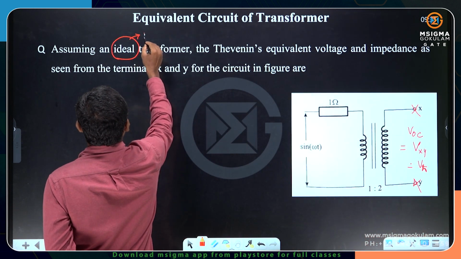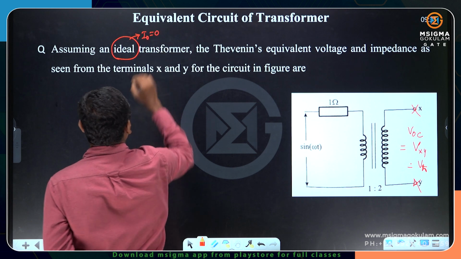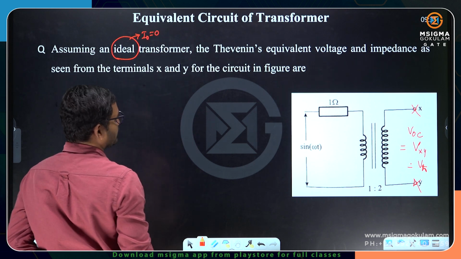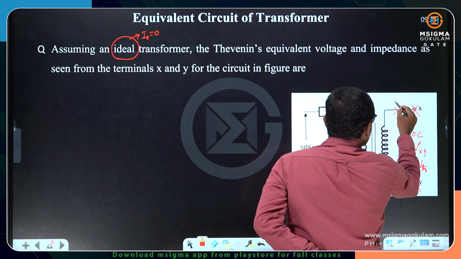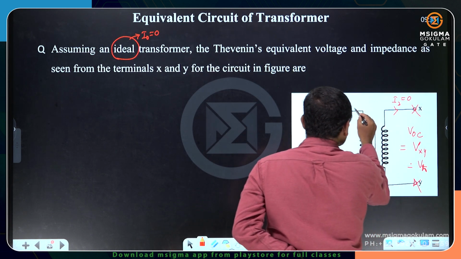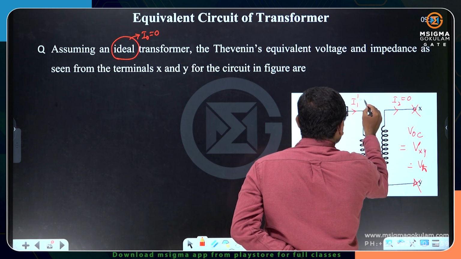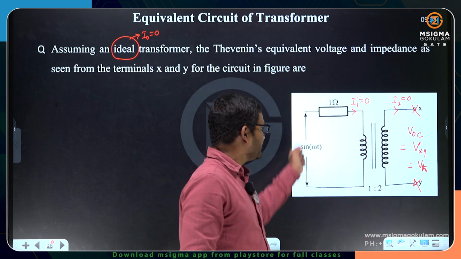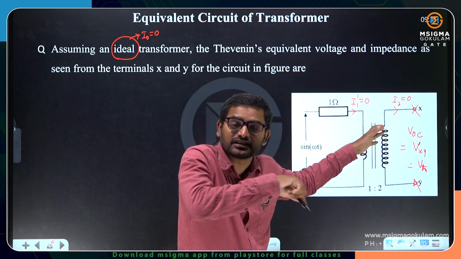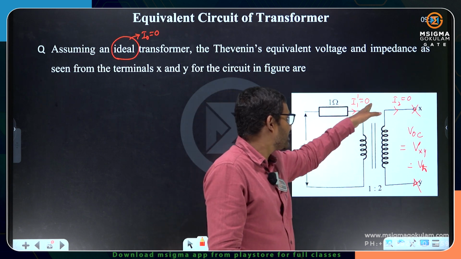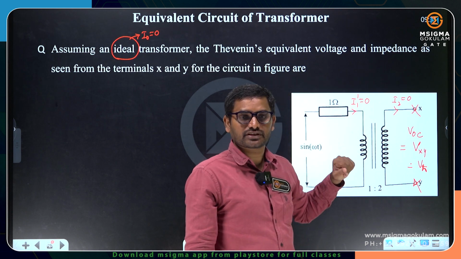the no load component of current is 0, no? If there is no load, I2 is equal to 0. If I2 is equal to 0, I1 dash is also equal to 0. On the primary side, I1 dash is the transformation ratio times the load current, K times I2, and I2 is 0, so K times I2 is also 0.